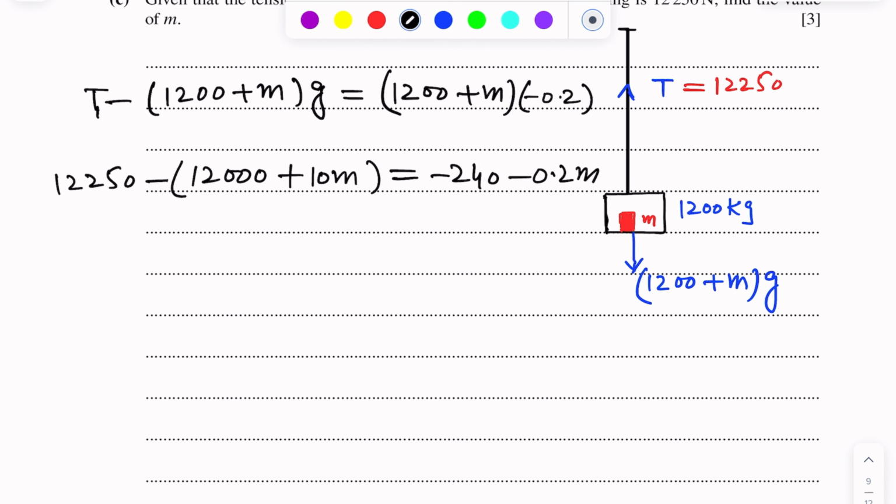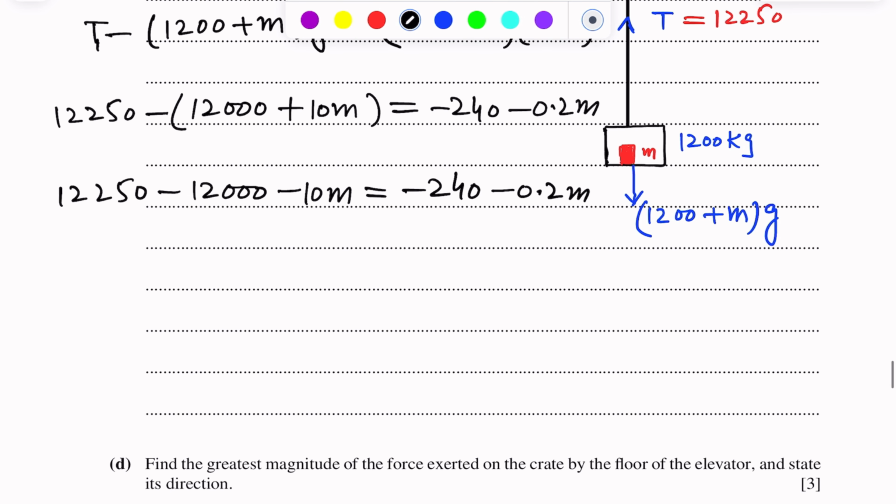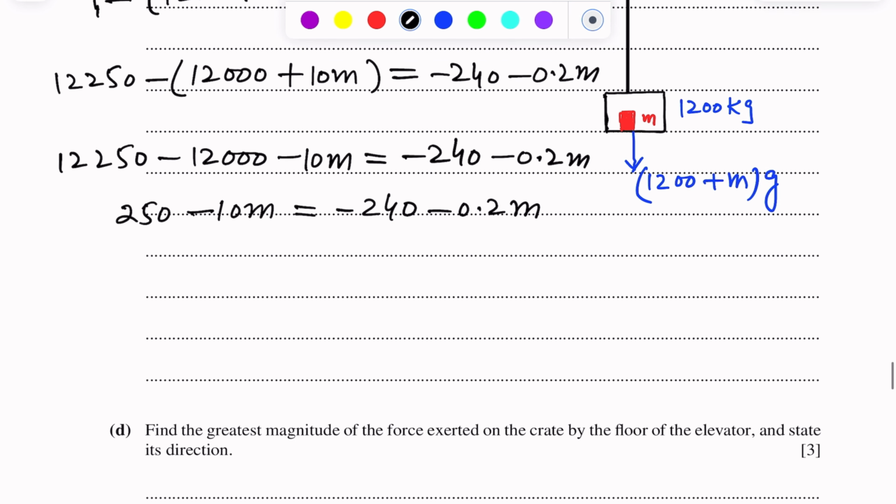Now simplifying it, 12250 minus 12,000 minus 10m is equal to minus 240 minus 0.2m. Further simplifying, subtracting these two terms, 250 minus 10m is equal to minus 240 minus 0.2m.